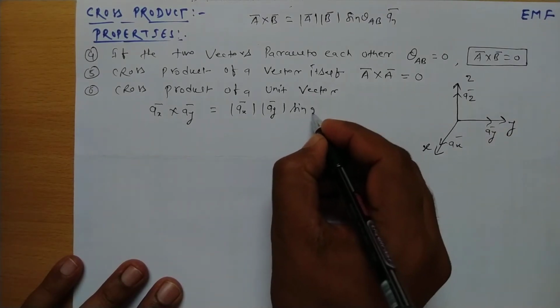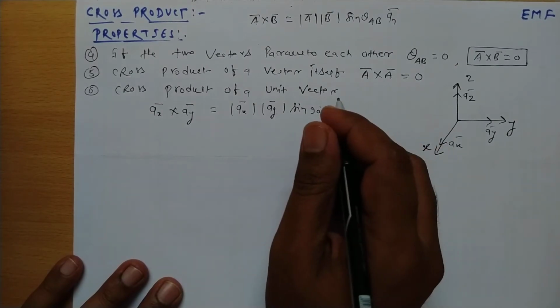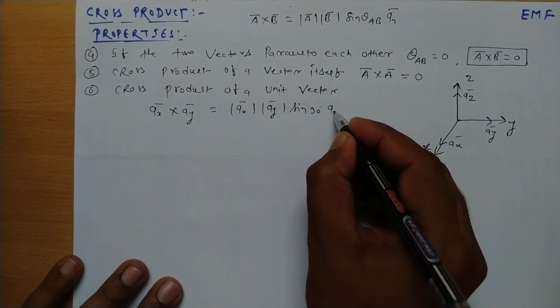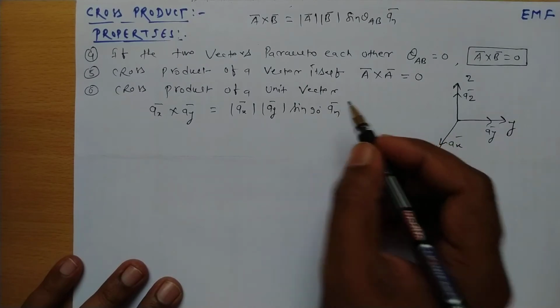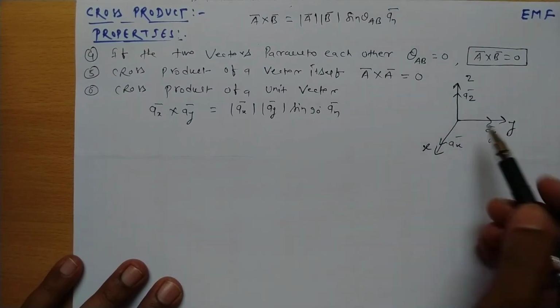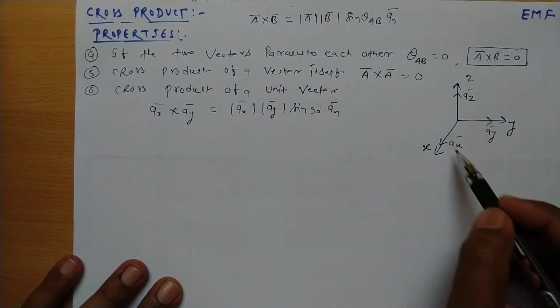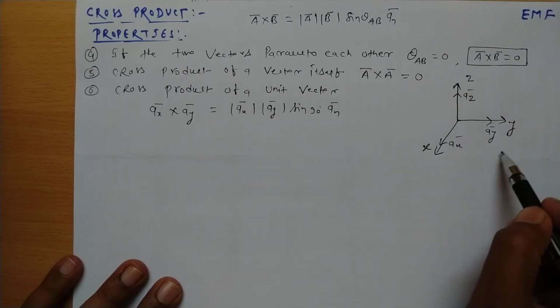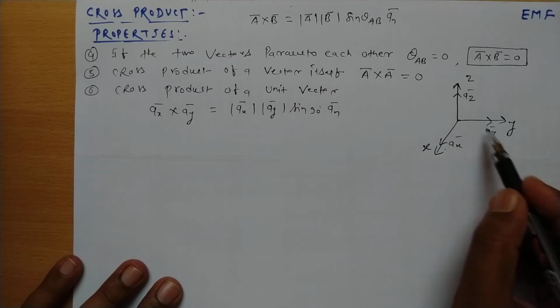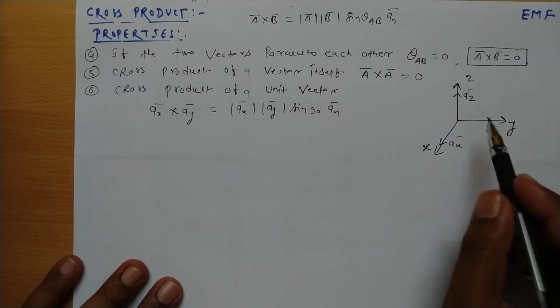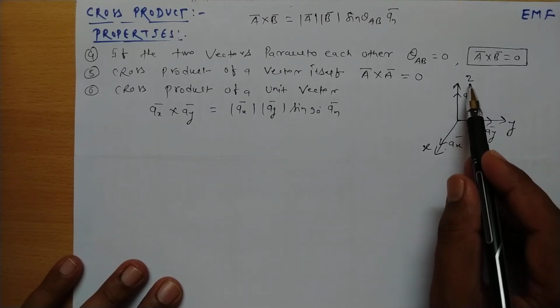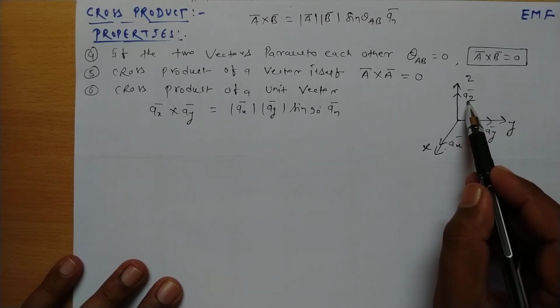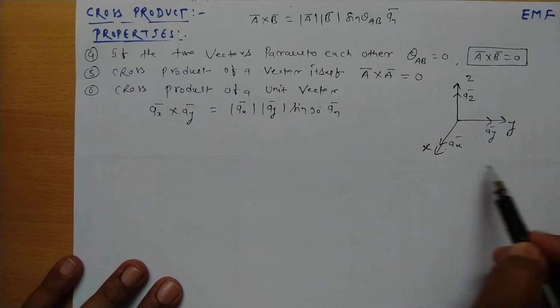I'll put 90 degrees here, and AN is the normal to the area occupied by AX and AY. AX and AY form the XY plane, and the normal to the XY plane is Z. So the unit vector AZ is normal to the XY plane.